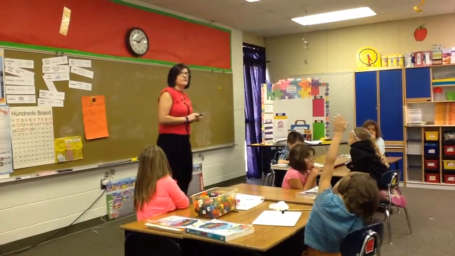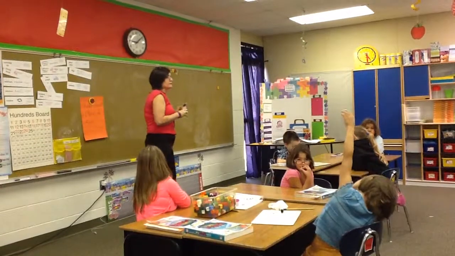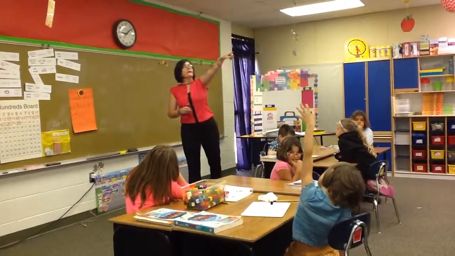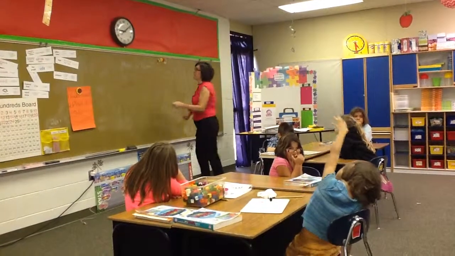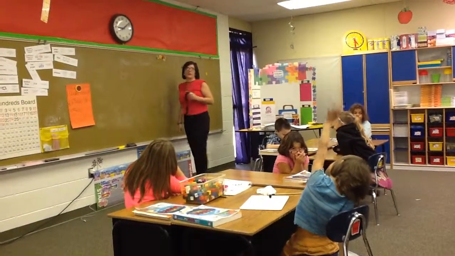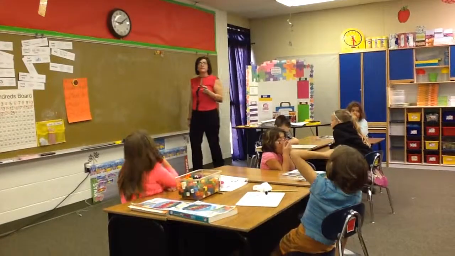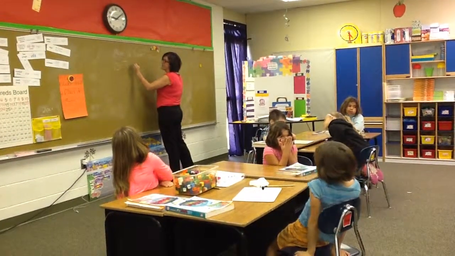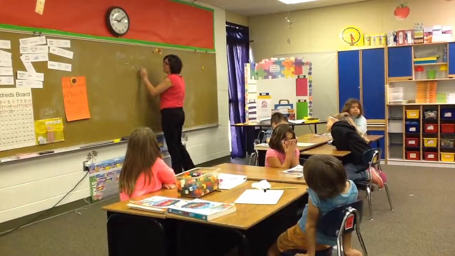He gave. So what would we know to do? What do we need to do if we gave? Haley? Subtract. We're going to subtract. And what were we going to subtract? 13 minus 7 equals 6.